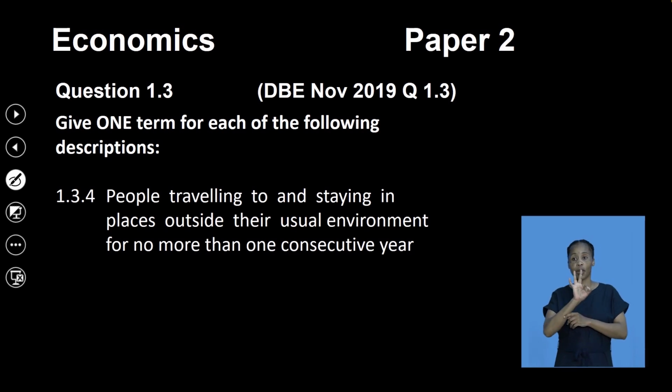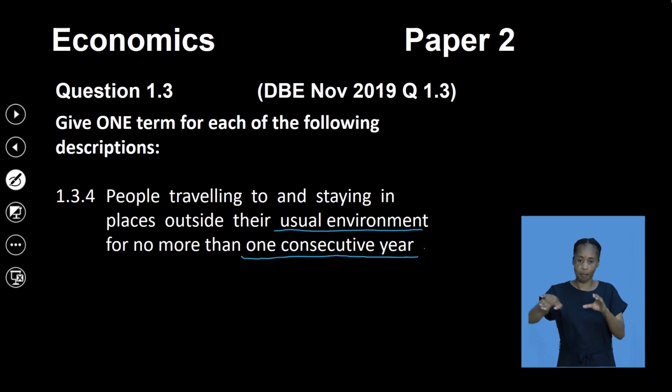It says people traveling to and staying in places outside their usual environment for not more than one consecutive year. Right, the answer is tourists.